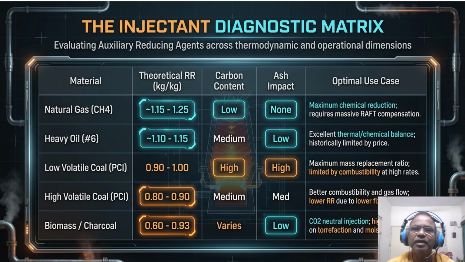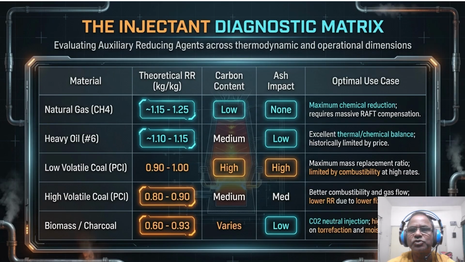Heavy oil is a historically excellent balance of thermal and chemical role. Low VM coal gives you a maximum mass replacement, while biomass or charcoal is our CO2 neutral future, though it's highly sensitive to moisture control.